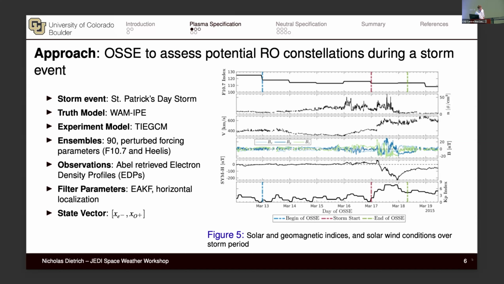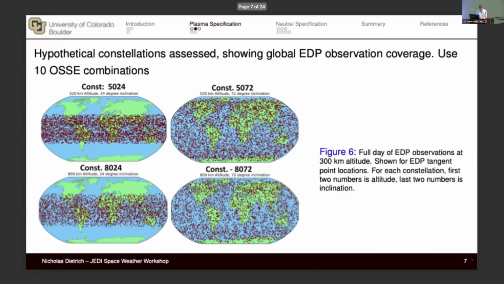The other comprehensive part is that we're doing a full Abel inversion of our EDP observations so that we systematically account for the real errors within these EDPs. I also want to note, since this is a JEDI conference, I'm using DART for all of this, so it's just the EAKF implementation, and I'm only updating plasma states here.